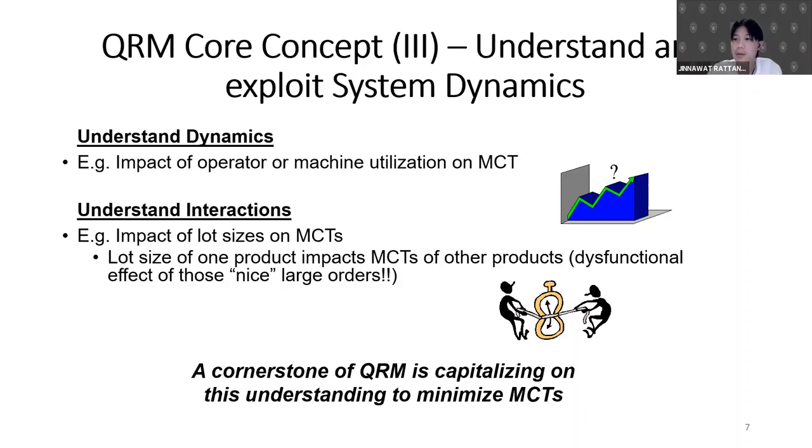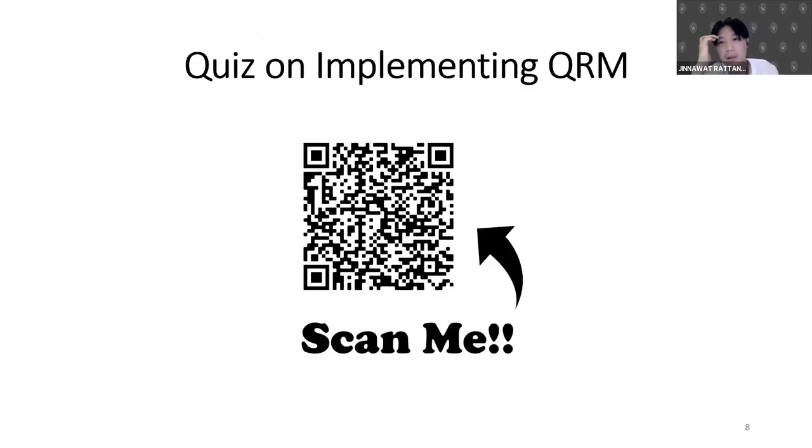So next we will have a quiz about QRM, and we explain this quiz, which will make you understand the main points of QRM better. It's just 10 small questions, all true or false.